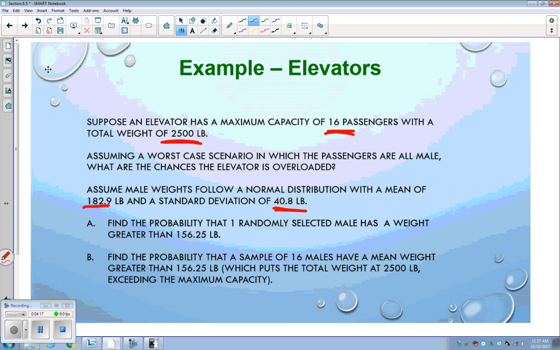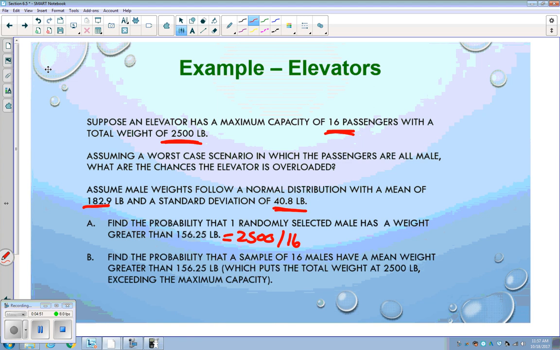So find the probability that one randomly selected male has a weight greater than 156.25. Why 156.25? Because if you put in your calculator, that's 2,500 divided by 16. According to this, they're assuming that's the average weight, right?